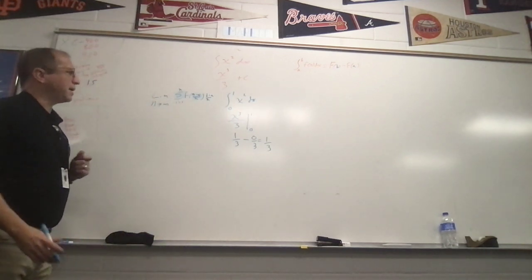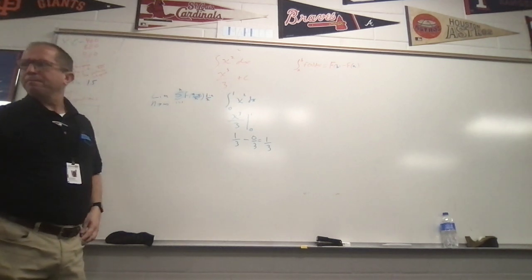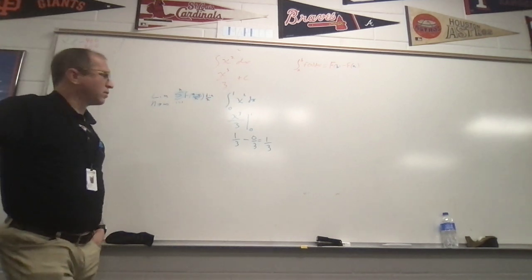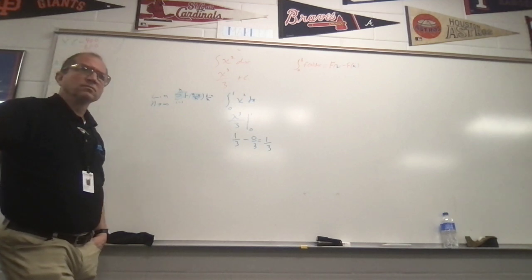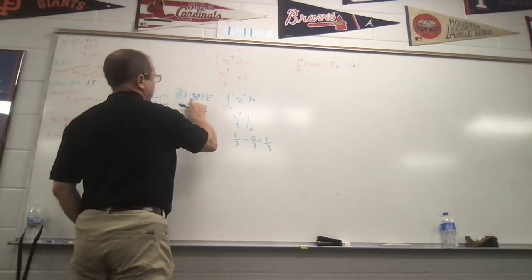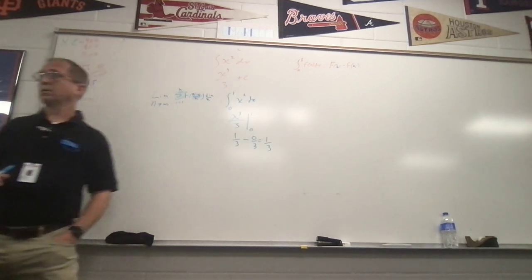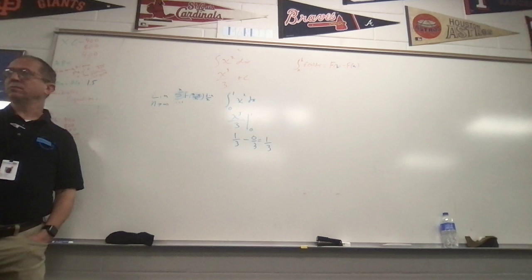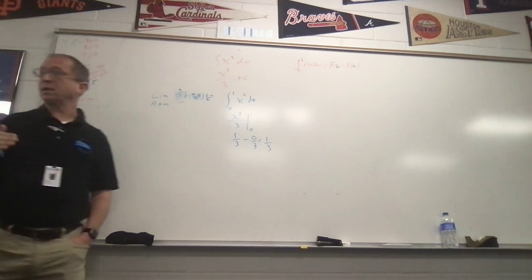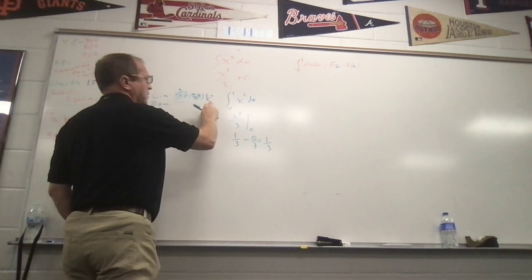Now, what did b minus a over n represent? The width, the thickness, right? And it became infinitely small. And what did this represent? The heights. Those were the heights of the function, right? So we got all of our areas by saying height times width.